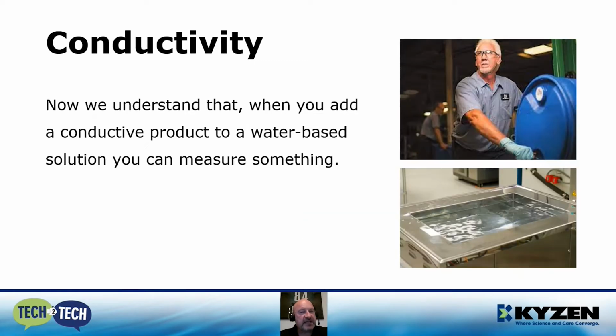Now that we understand exactly what conductivity in water is, how does that apply? Well, we add a conductive product, i.e., a chemistry, to a water bath, a sump, or an inline application process, an area on your machine. When we've done that, we can then start to measure something, which helps you with concentration.